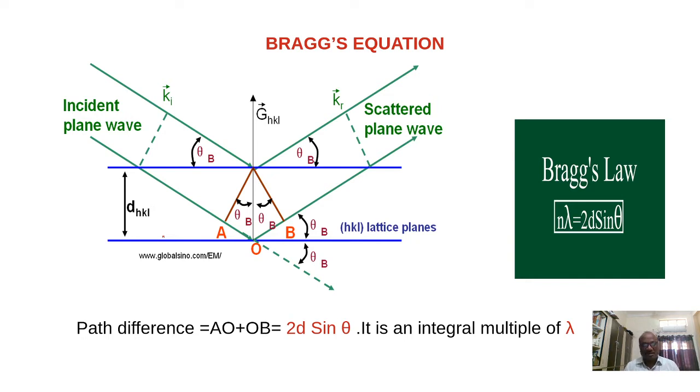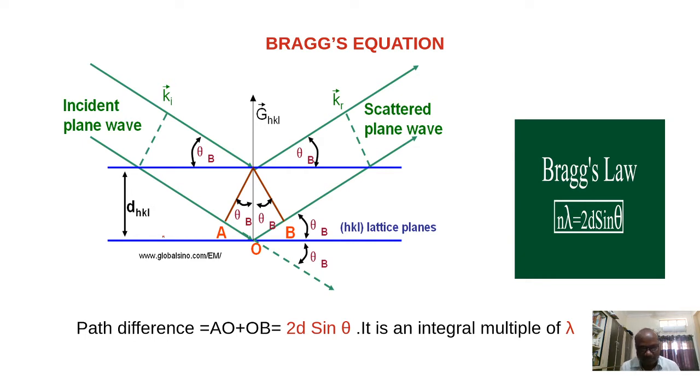The first case is when they result in destructive interference. If these X-rays are falling on the surface of the successive planes of the crystal and reflecting from the planes, and during this, if these X-rays are not in phase, then we say it results in destructive interference. We say they are out of phase. When these X-rays are out of phase, they result in destructive interference.